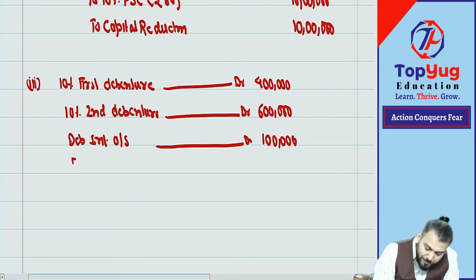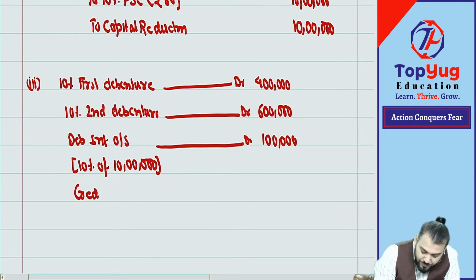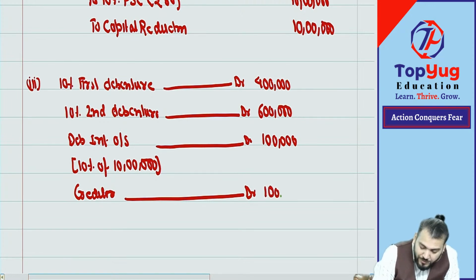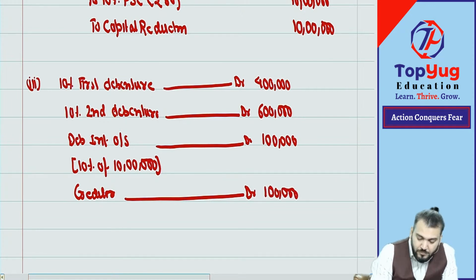So this is 10% of the outstanding, that is 10 lakh. And he is also a creditor amounting to rupees how much? 1 lakh. Correct.